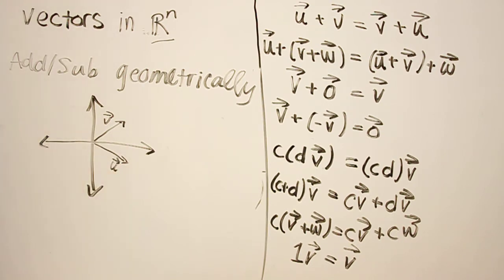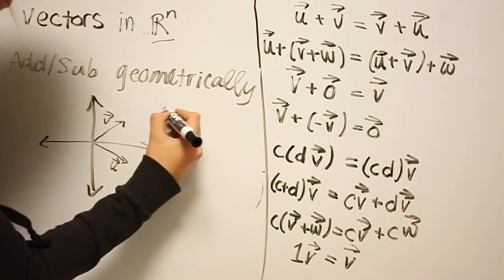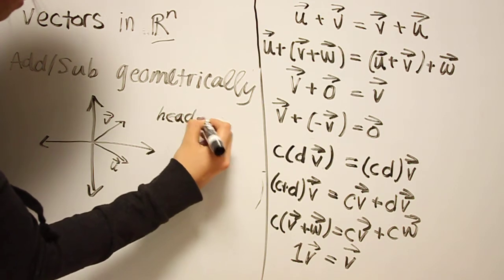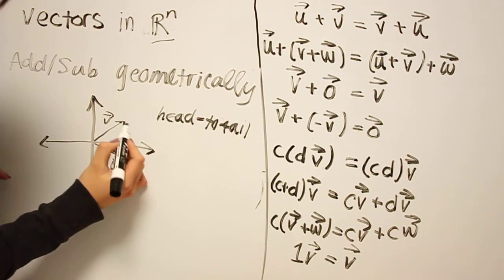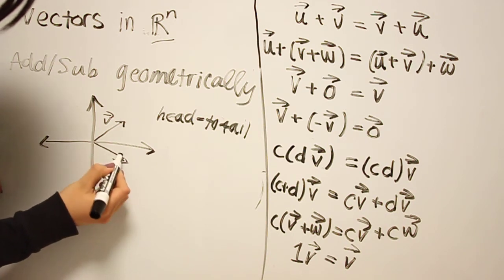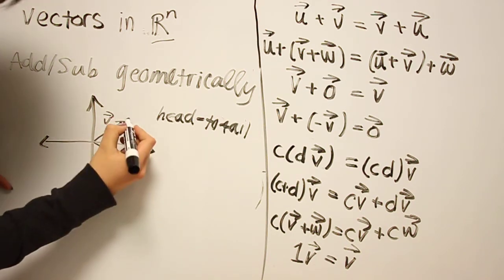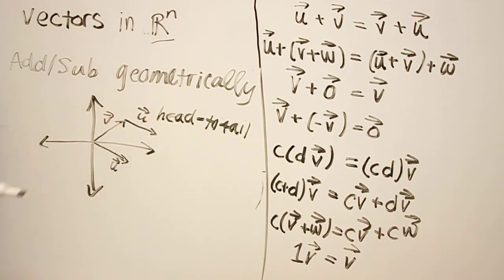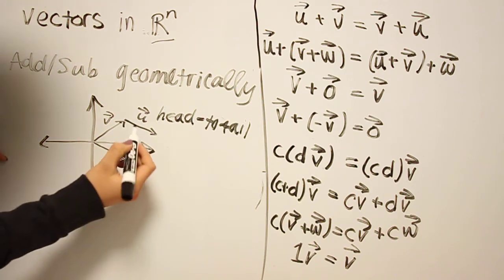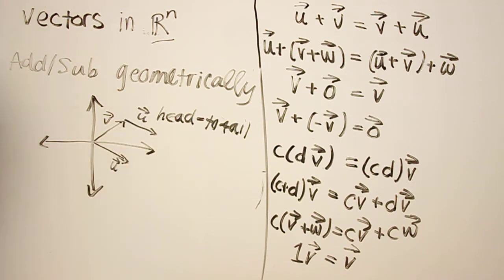In order to add them, we think head to tail. So we can move this u to here, and this does not change the value of the vector when in standard position because we only care about its length here.